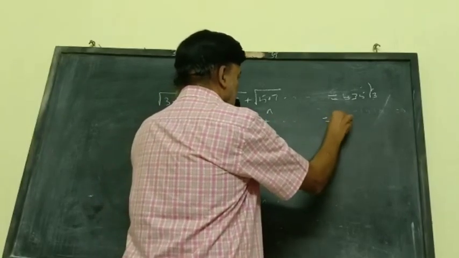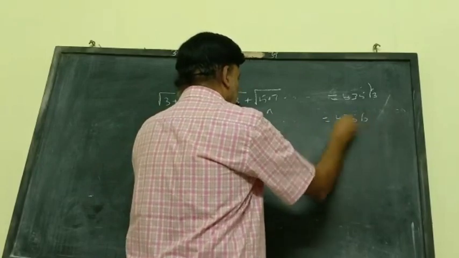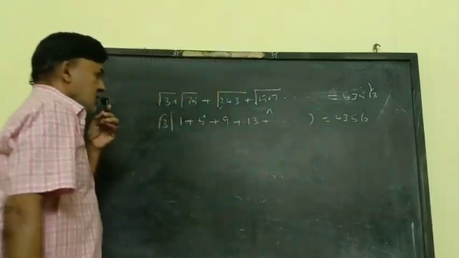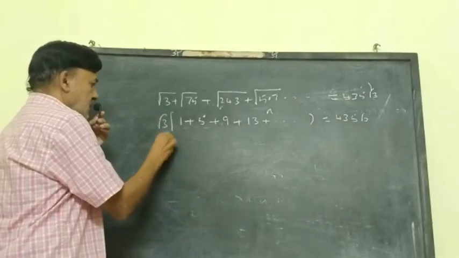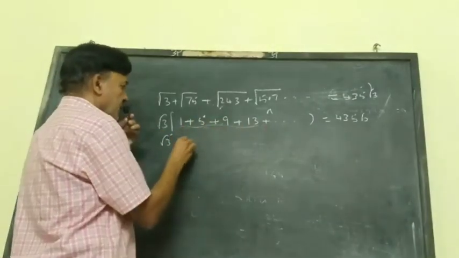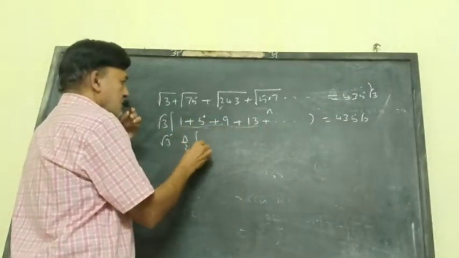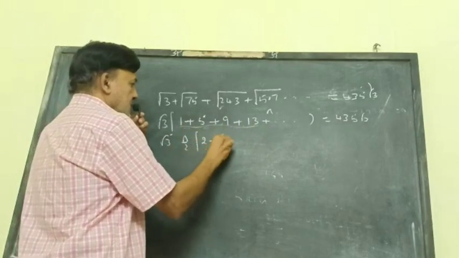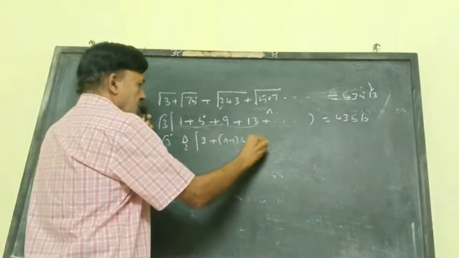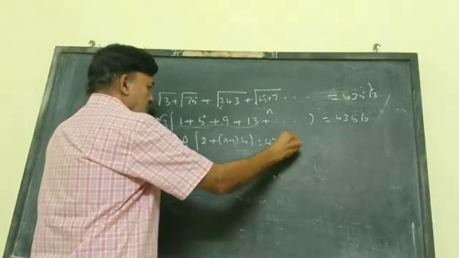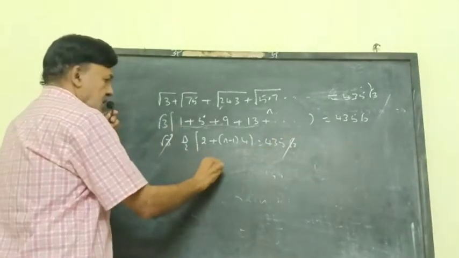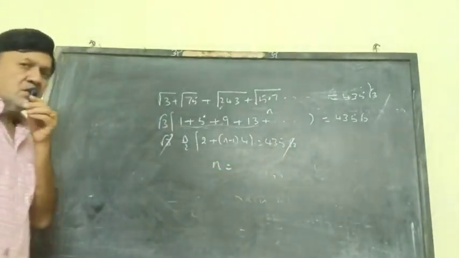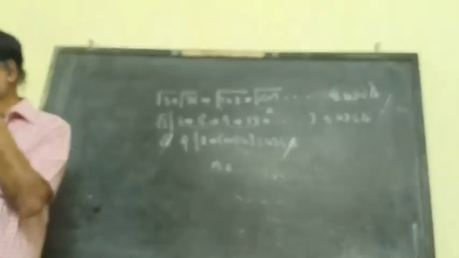Etc. is equal to 435 root 3. So root 3 into, these are all in AP, n by 2 into 2a plus n minus 1 into d is equal to this. You can cancel, you can calculate n value. I think this is quite simple, you can easily do this.